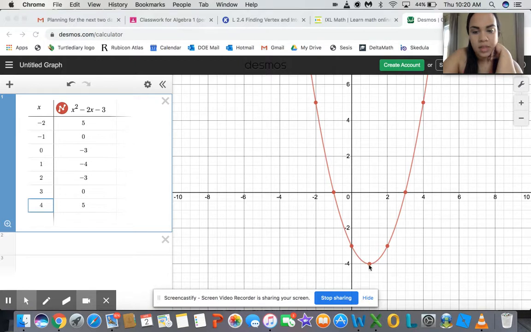Does everybody see it here? And also over here, remember that rainbow effect that we were talking about last time? How do I know where my vertex is? I see that negative 3 over here matches with this negative 3. And this 0 matches with this other one here. And 5 matches with this 5. So that 1 comma negative 4 is my vertex.